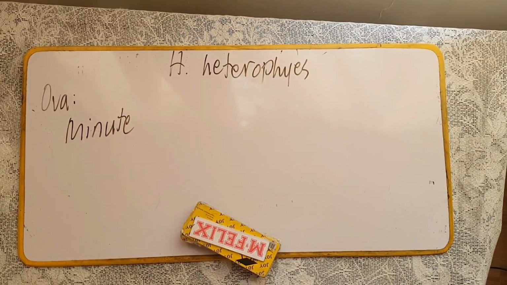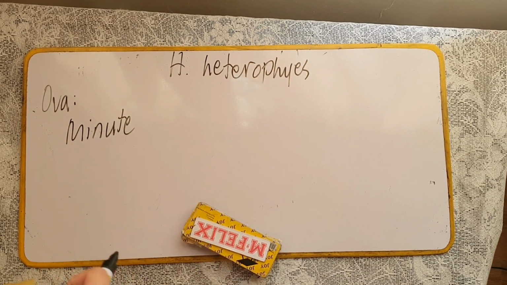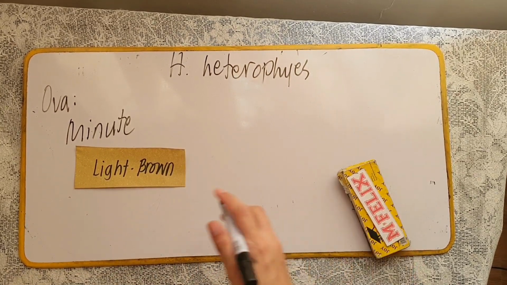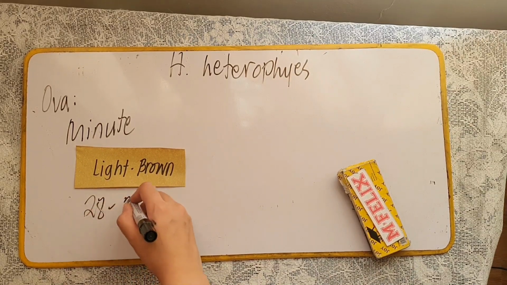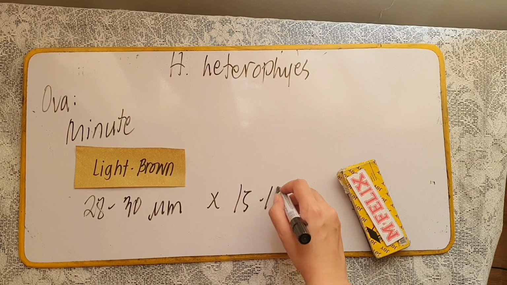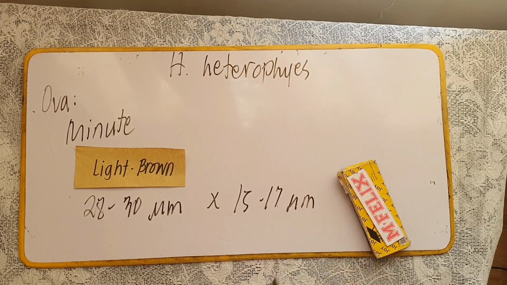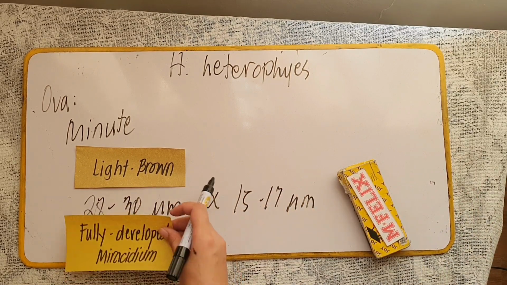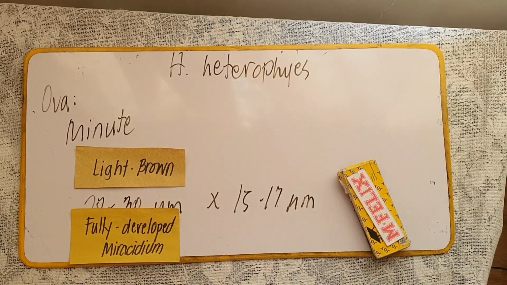Usually operculated din yan, light brown in color, measuring about 28 to 30 micrometer by 15 to 17 micrometer. The egg contains a fully developed miracidium. Fully developed na yung kanyang miracidium, so no need for embryonation once na lumabas yan sa external environment.